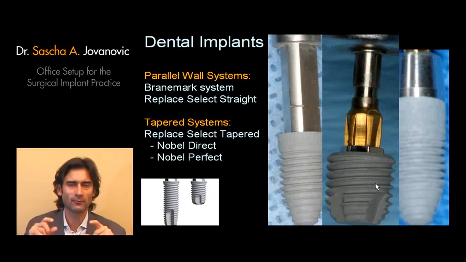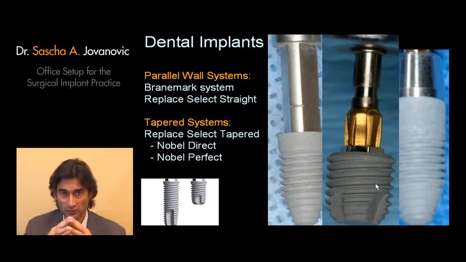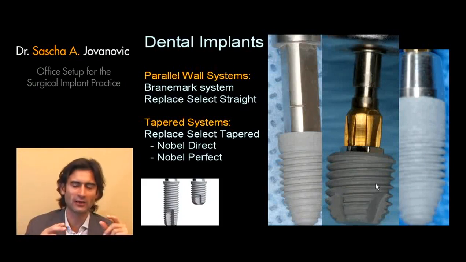So the shorty implant is a potential indication for the posterior maxilla as an alternative option to a sinus lift, and for the posterior mandible if there's an insufficient amount of bone there. Both of those indications you have to be careful with, because the implant is short and you want to manage the bone as optimally as possible. So it's more of an implant for the experienced clinician.